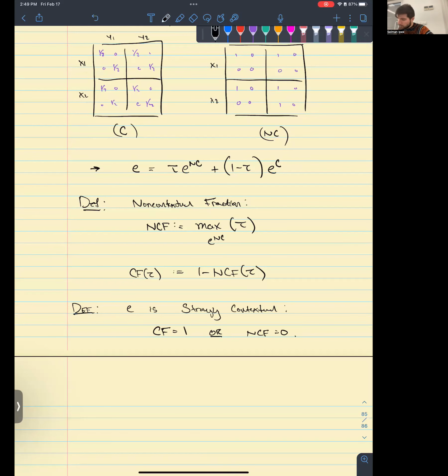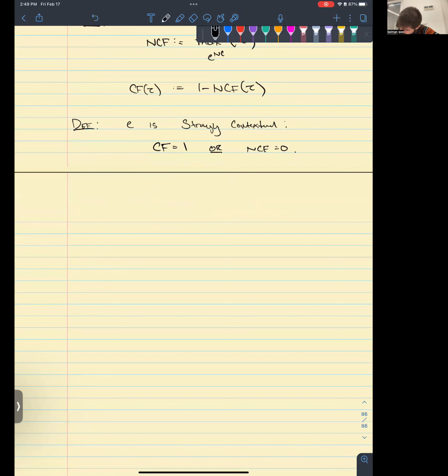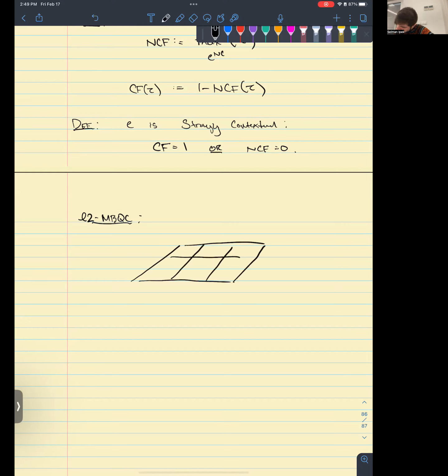So let's make the connection to MBQC, L2 MBQC. Let's remember what this means. L2 MBQC is the situation where maybe you have some lattice, where each node of the lattice can be thought of as a separate qubit or as a separate party.